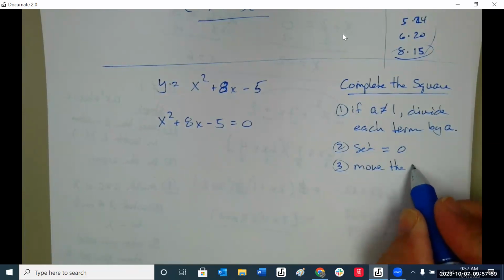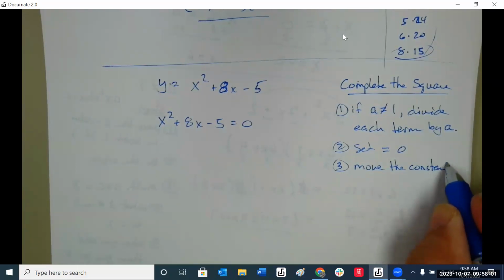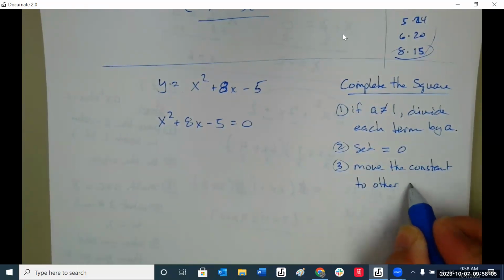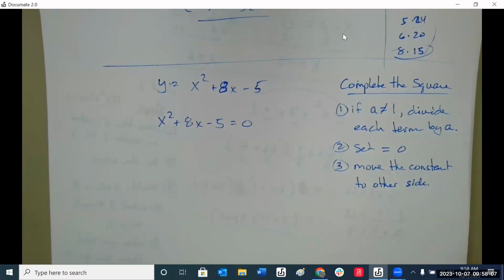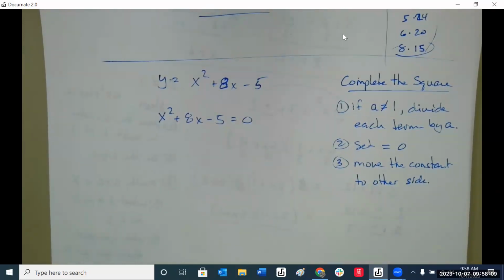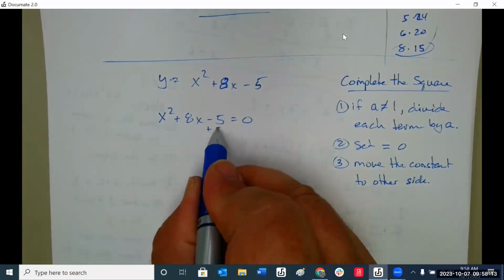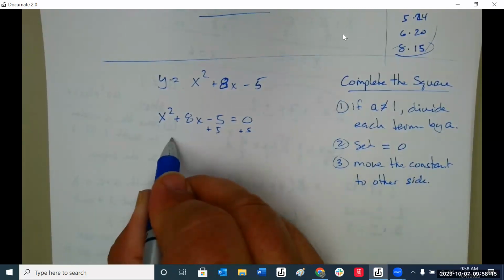Move the constant to the other side. So we're going to add 5 to both sides.